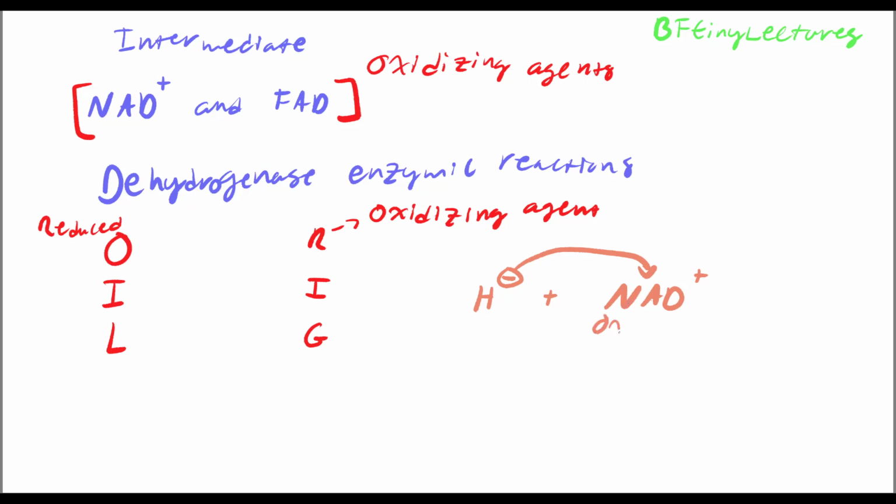And we know that the hydride is going to be losing its negativity in this case, so that means that it is going to be a reducing agent. And what you're going to get is NADH, right? And similarly, if you did it with FAD, you would get FADH.